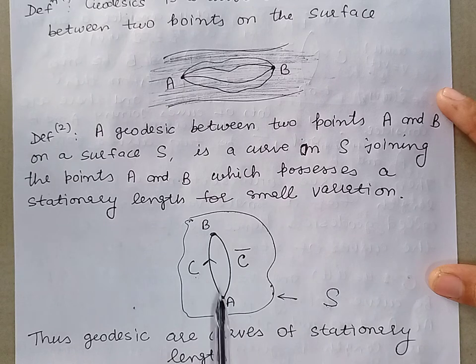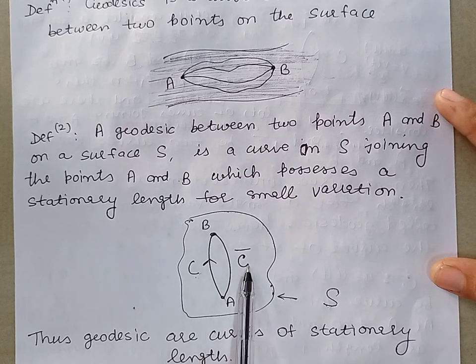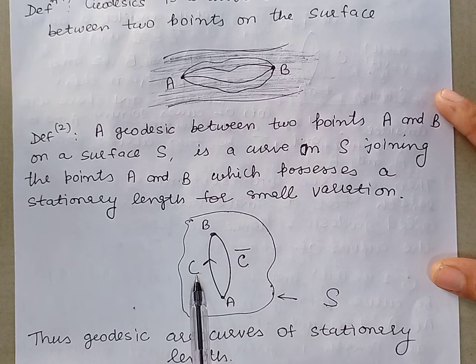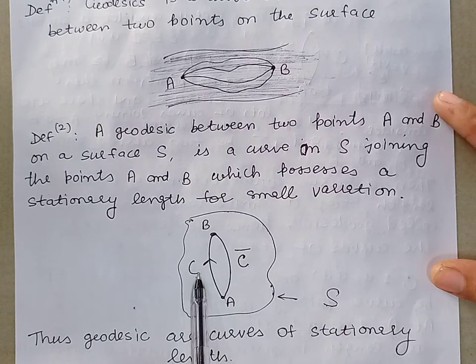It means if we have a slight change in this curve C, and after the change the length of the new curve and the length of the curve C remain the same, then we say that this curve is a geodesic.